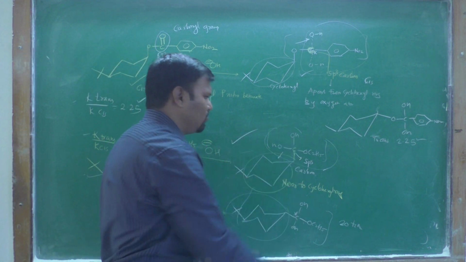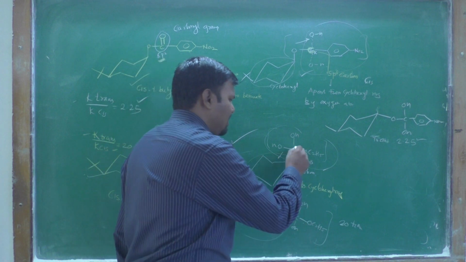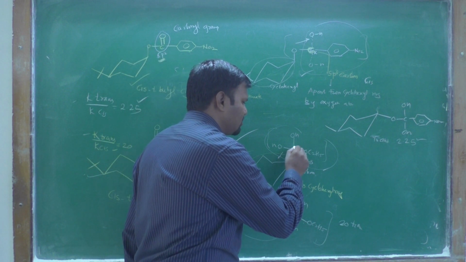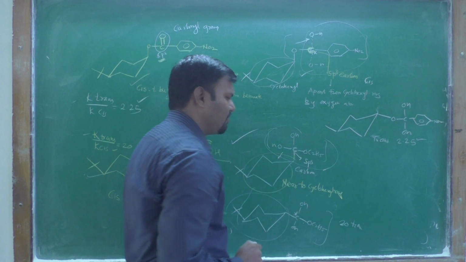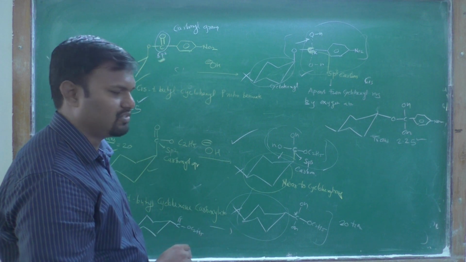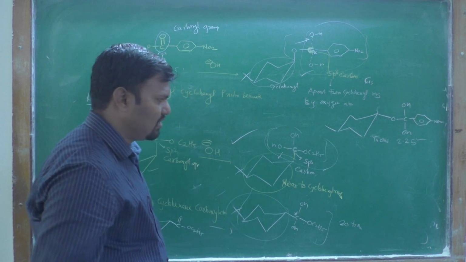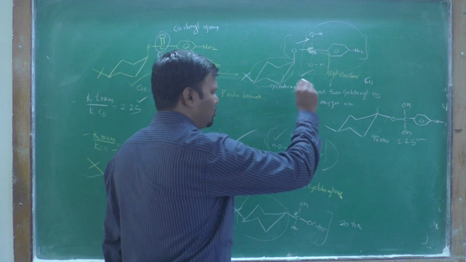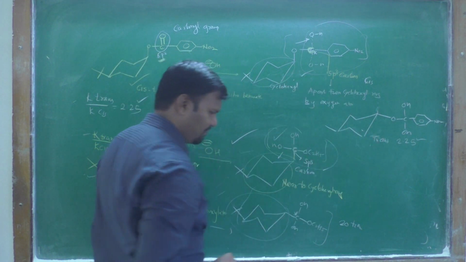In this compound, the tetrahedral carbon plays an important role in the difference between the reaction rates of cis and trans. This is the crowding situation.